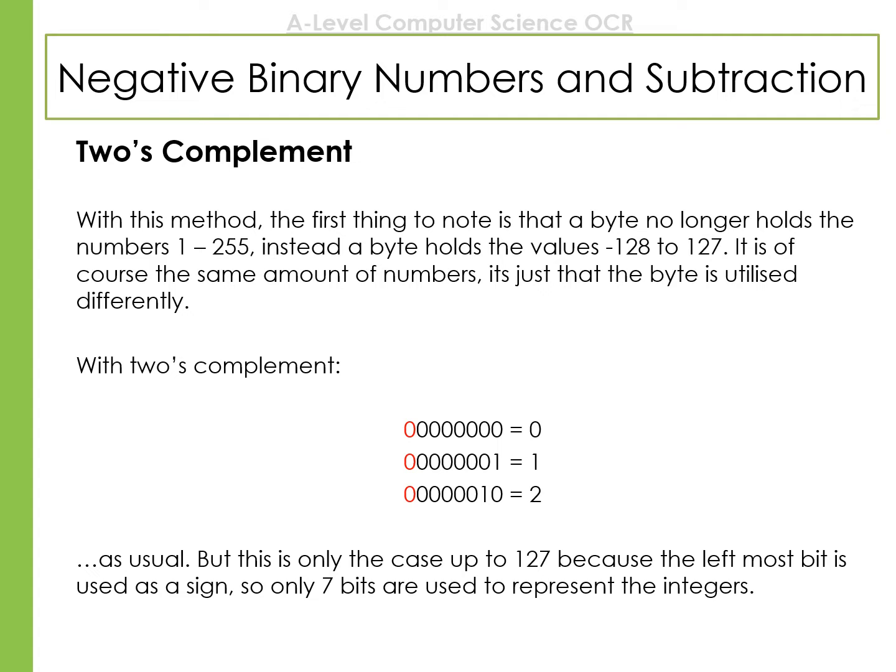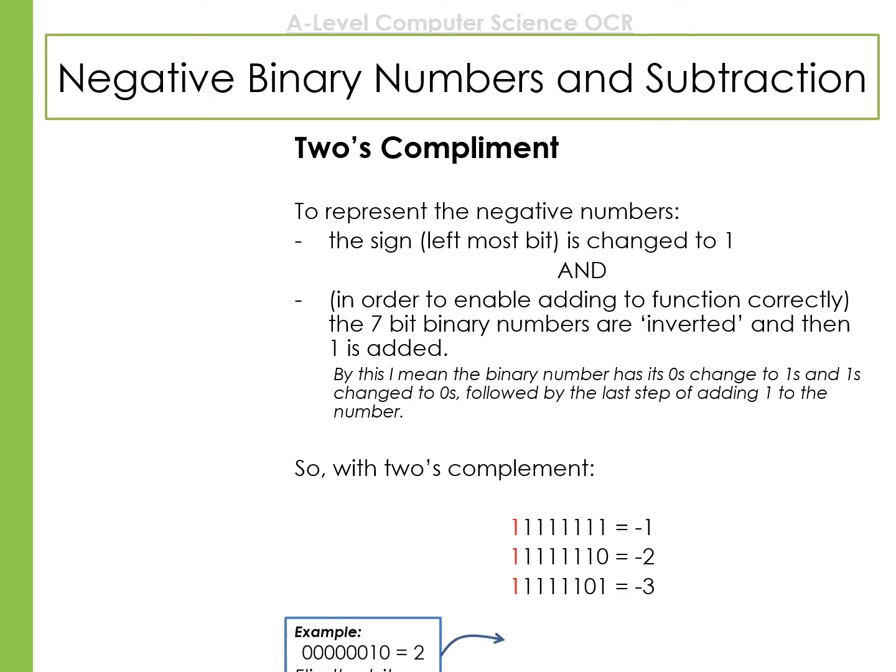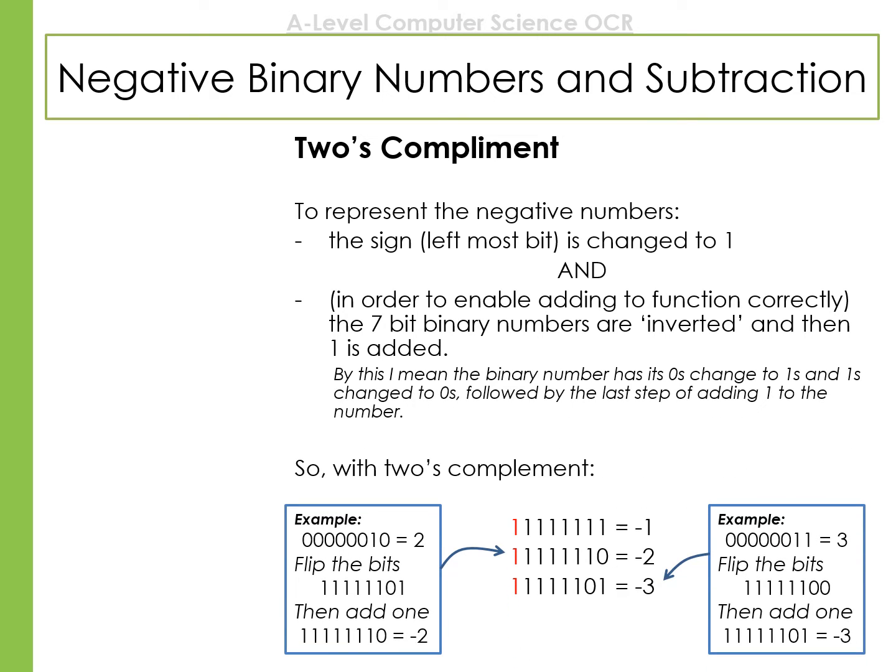Now, like we did in sign and magnitude, the first bit is our sign, and 0 represents a plus. Like we did in sign and magnitude, the first bit is changed to a 1. That's our minus. It shows it's a minus.